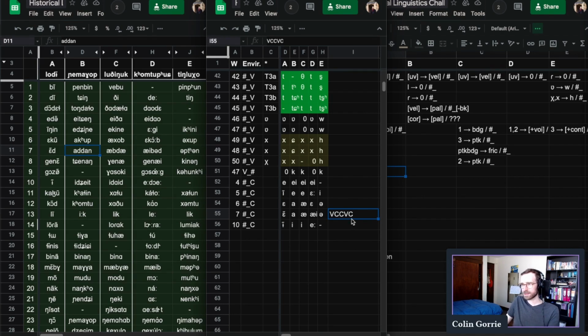To make it more specific, I think we have a vowel, then a labial, then a coronal, then a vowel, and then another coronal. Although what's going on with that final consonant is still a mystery.